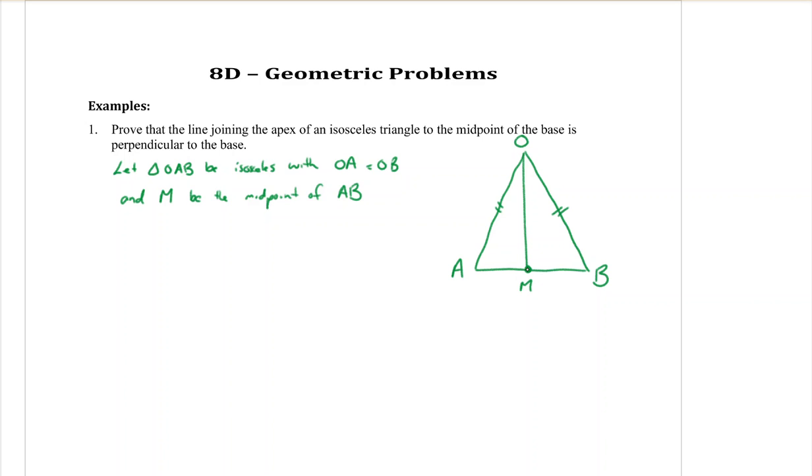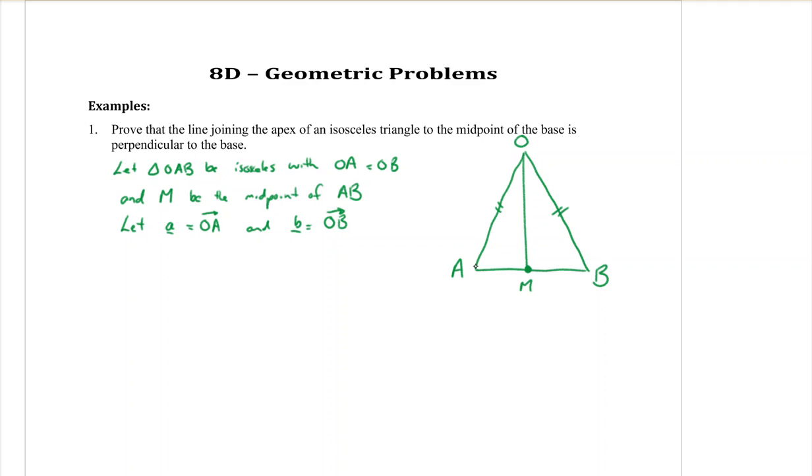Just to make things convenient, I'm then going to say let little vector A be equal to OA, and I'm also going to call little vector B OB. So that gives us some direction to work with.